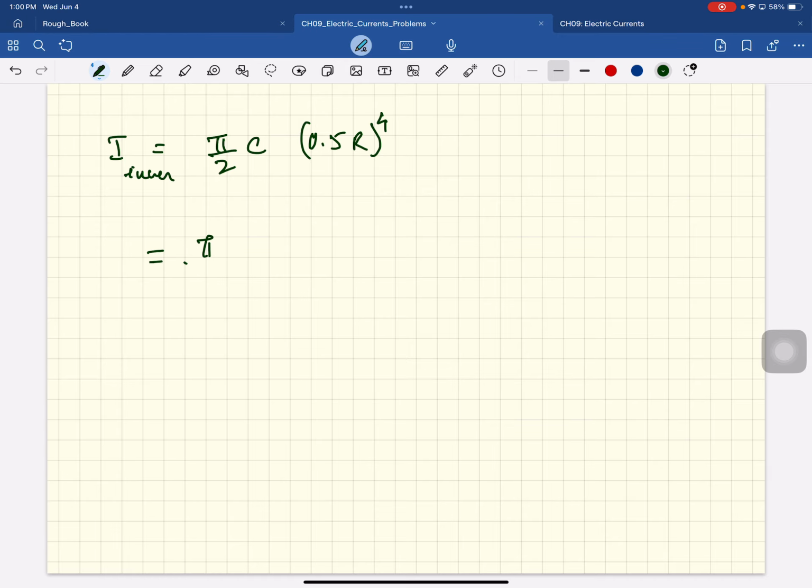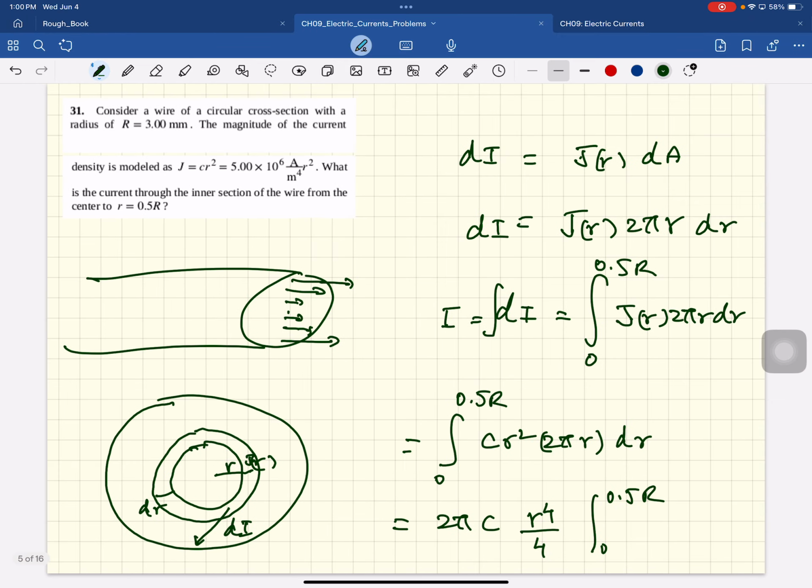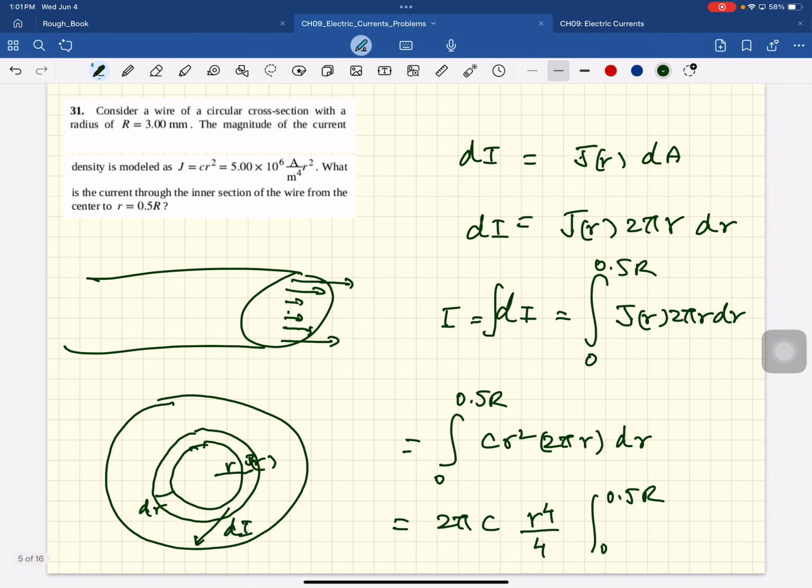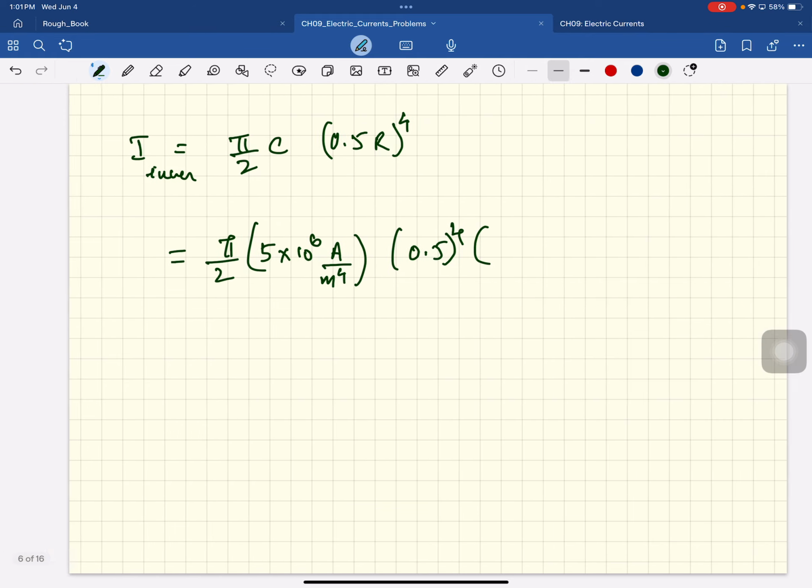All right, let's put those in. C is 5 times 10 to the 6 amperes per meter to the power 4, 0.5 to the power 4, and R was 3 millimeters.